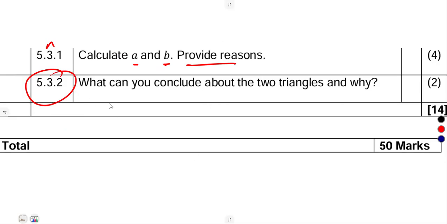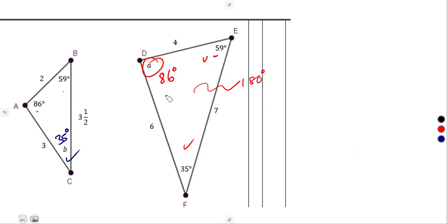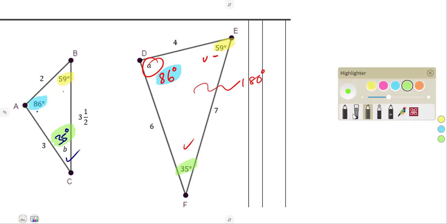Then conclude on that. What can you conclude about the two triangles and why? Looking into these triangles, we have an angle of 86 at A and 86 at D, an angle of 59 at B and 59 at E, and an angle of 35 degrees at both C and F. The three angles from the two triangles are exactly the same, equiangular.